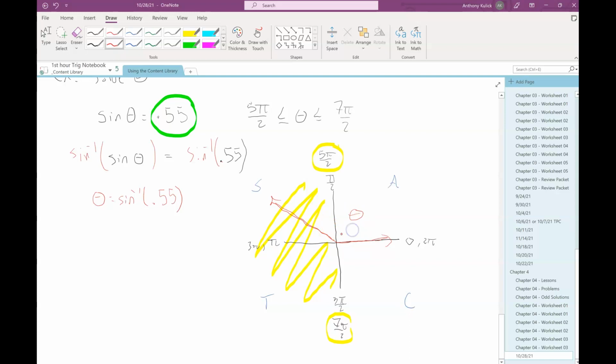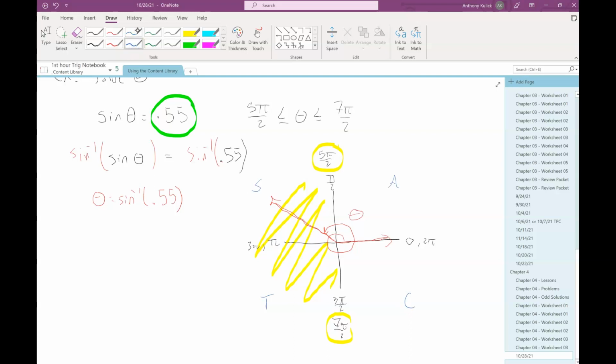Really, I should probably be more precise. This is the angle theta that I'm looking for, right? Where we've gone around one time and then ended in that second quadrant. Is that okay? All right.